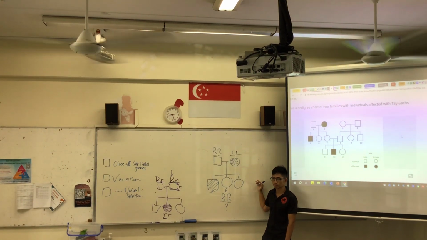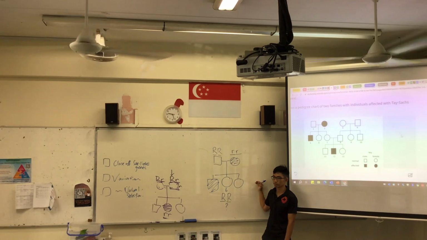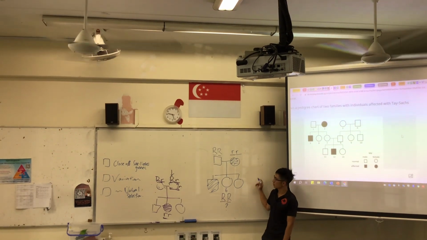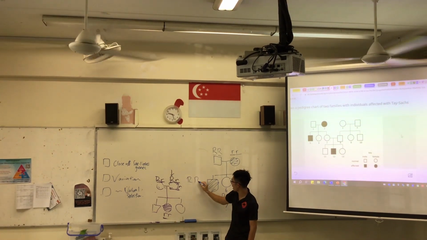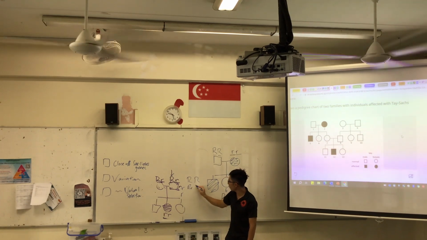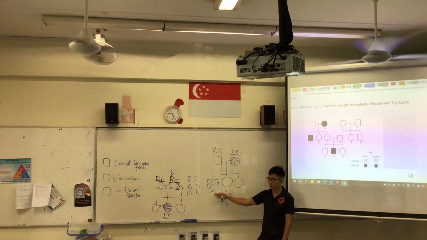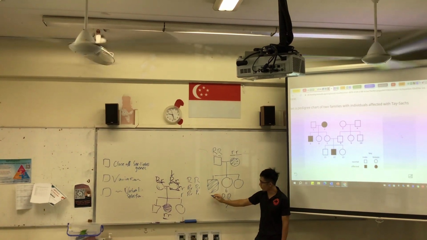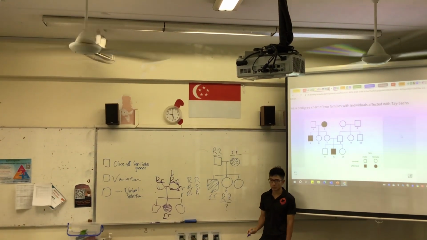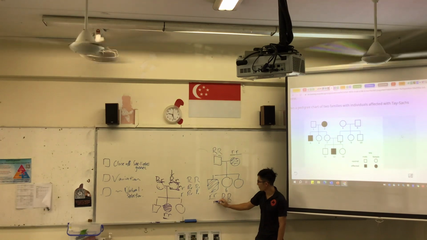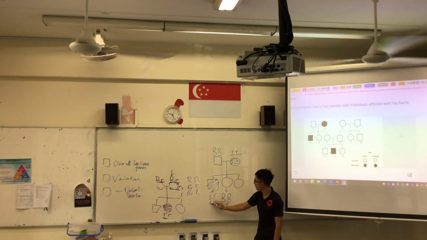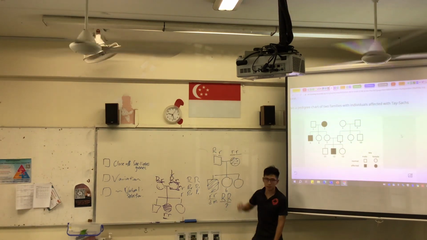Alright. So if you just do a quick Punnett square, you'll find that all of the children should be healthy. But that's not what we see. So we know for a fact this individual is homozygous recessive. One must have come from mom, the other one must have come from dad. So that's why we can fill in the blanks.